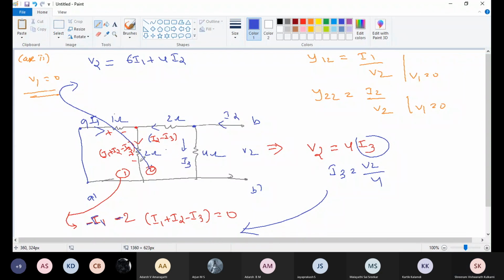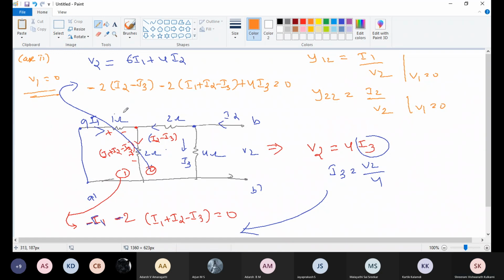Minus 2 times I2 minus I3, minus 2, then plus 4 I3 equals to 0. I'm calculating in this path only, meaning the I2 minus I3 path only.